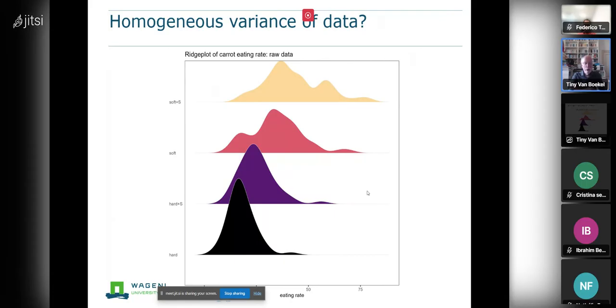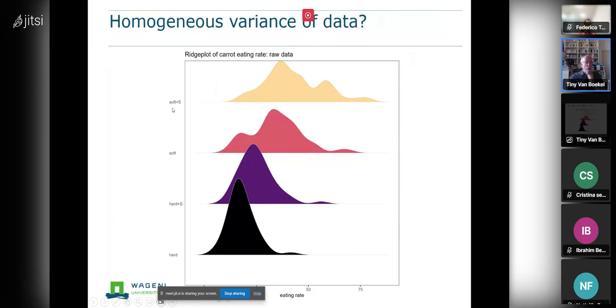So if you do different treatments, the variances in these groups should be the same. So I checked that for the data of Lise, and here you see the spread in the raw data. I did not do anything with these data except for plotting the density. And then you see that there is quite a difference in the variation here.